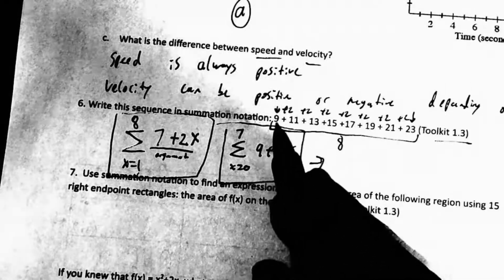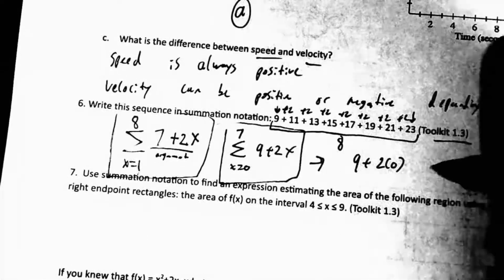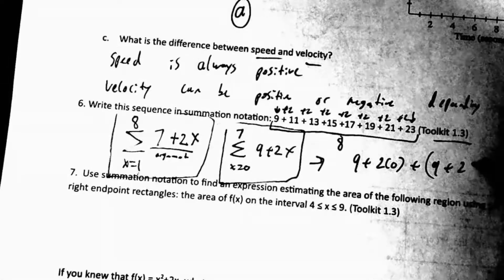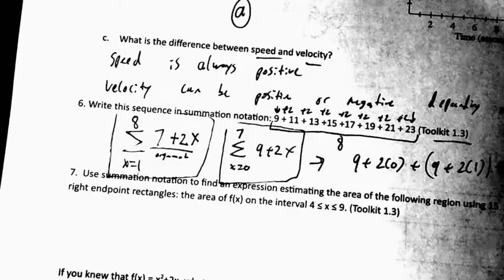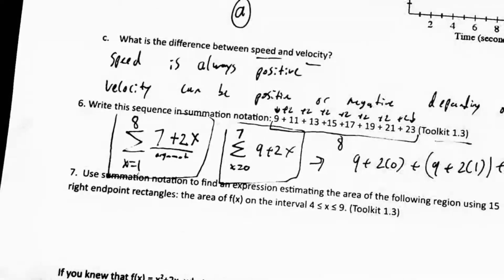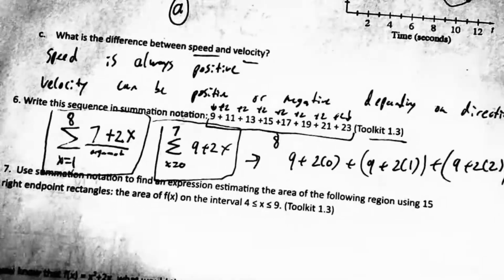Your first value is going to be 9. So we're going to have 9 plus 2 times 0, plus 9 plus 2 times 1, plus 9 plus 2 times 2, and so on. And if you expand this out, you will get 9, 11, 13, 15, 17, and so on. Okay.